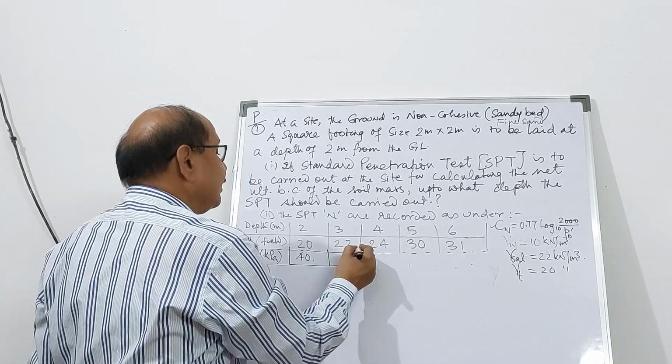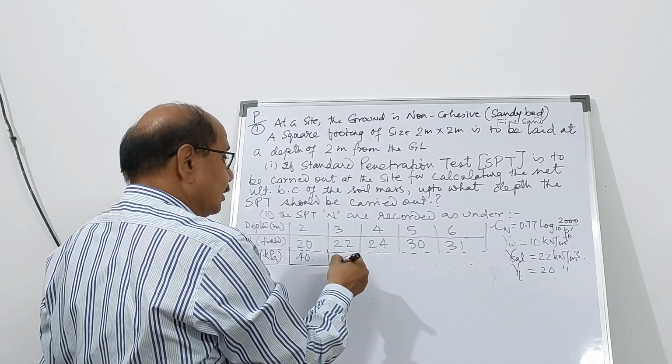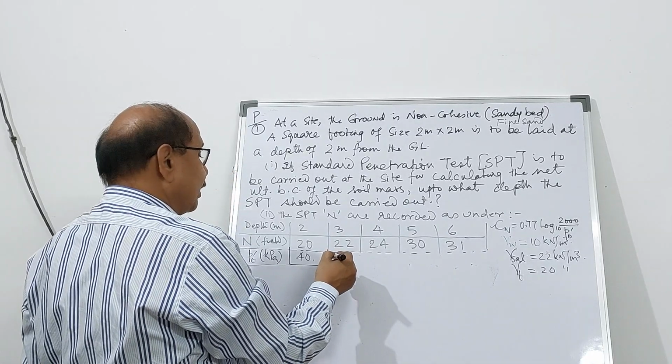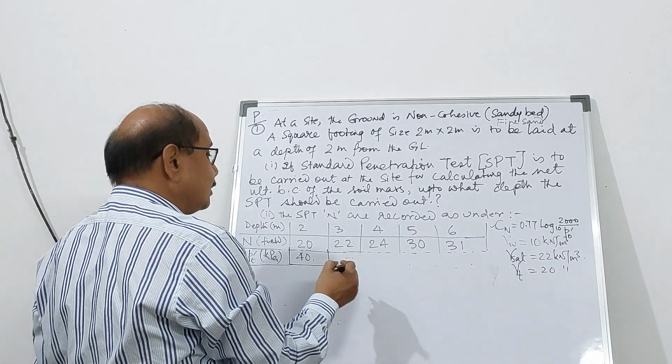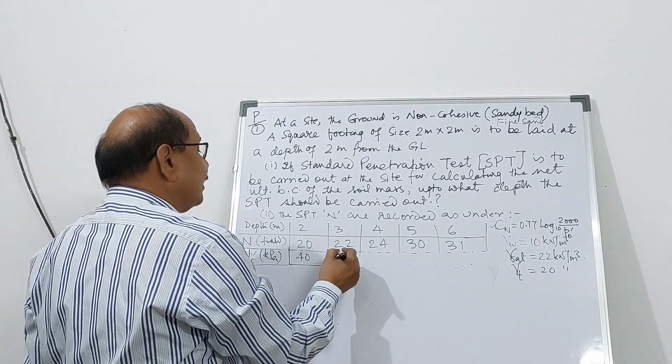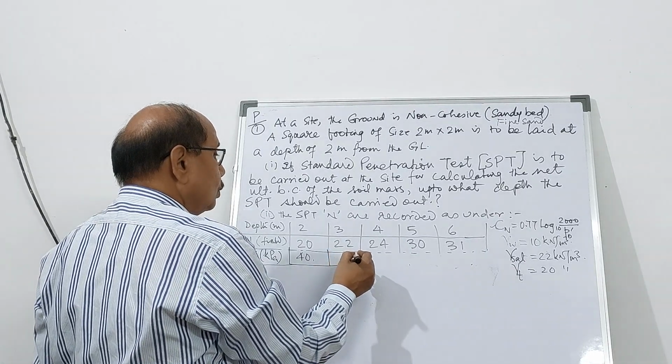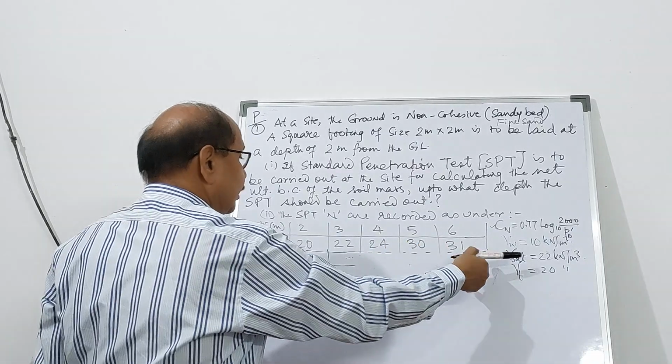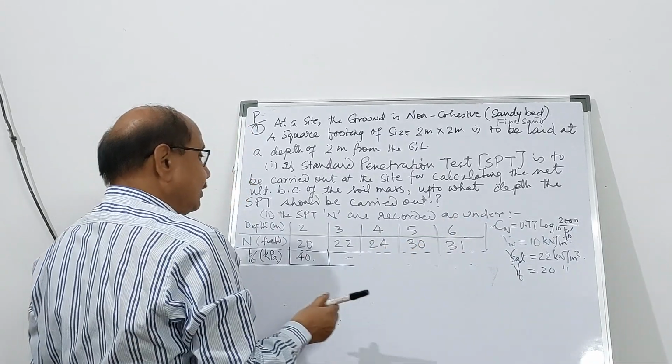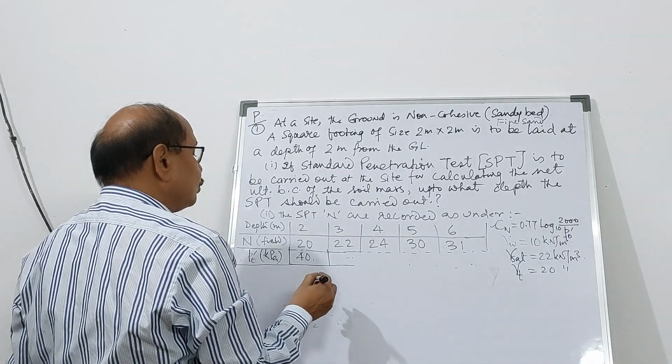Then at 3 meter, it is underwater, so the effective pressure will be 40 plus 1 into 22 saturated unit weight minus 10 unit weight of water, that is 12.